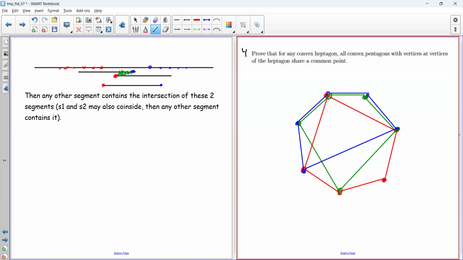But if we recall that these are convex figures, convex pentagons, and we need to prove that convex figures share a common point, we might be interested in applying Helly's theorem. So for Helly's theorem, we must check this property just for any 3 of the objects. That is a huge relaxation.